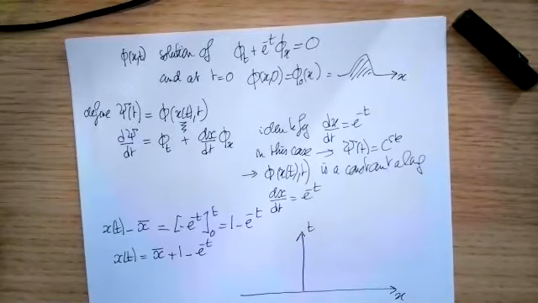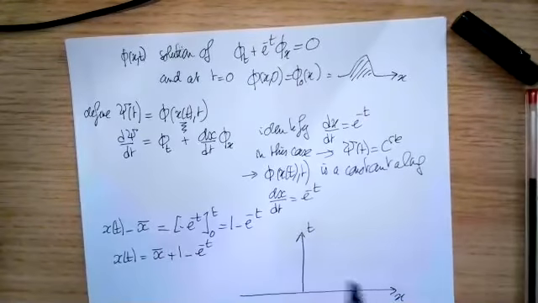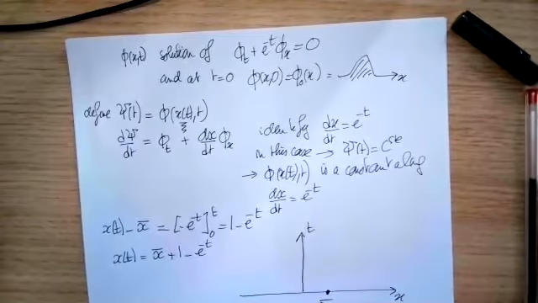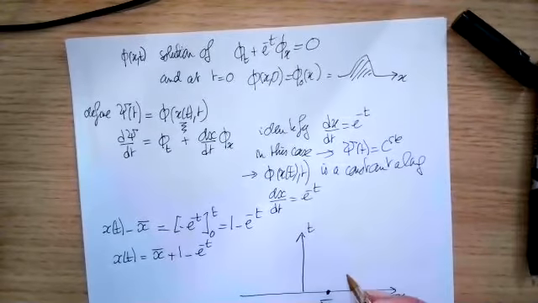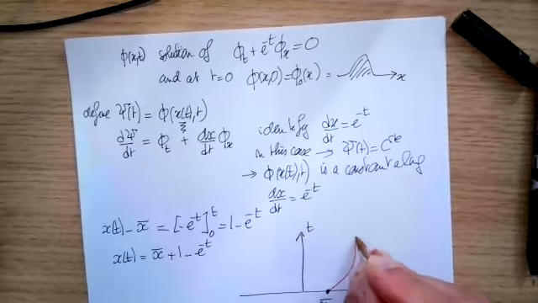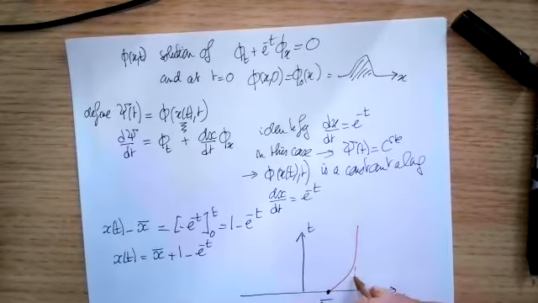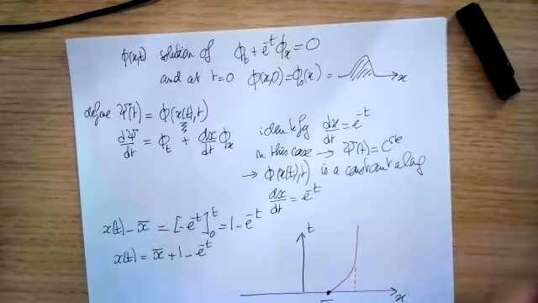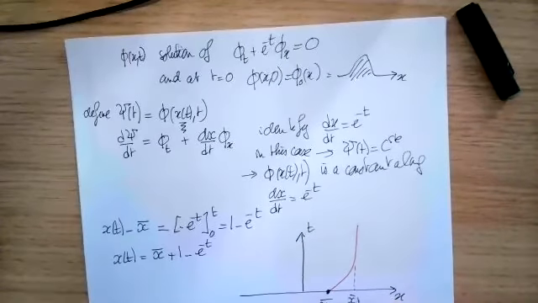Let me think a little. Say they start at some x bar, and then they should go this way, and the final is x bar plus 1.